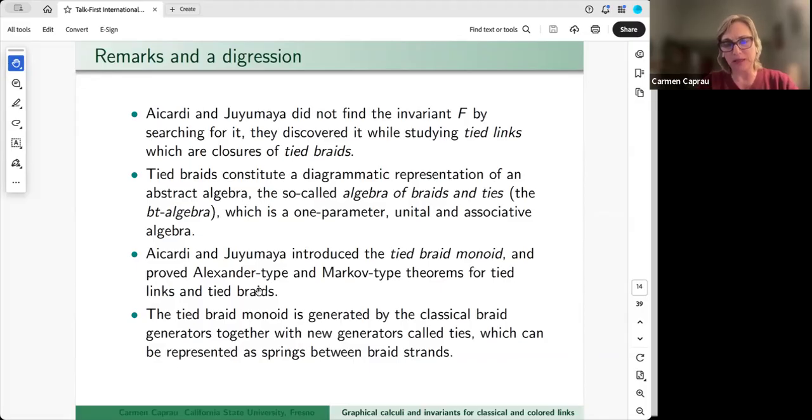And instead of coloring the braids, you can put ties to mention which strands in the braid belong to the same set in a partition, where here the coloration is a function defined on the strands of a braid, and then you assign colors to those strands.